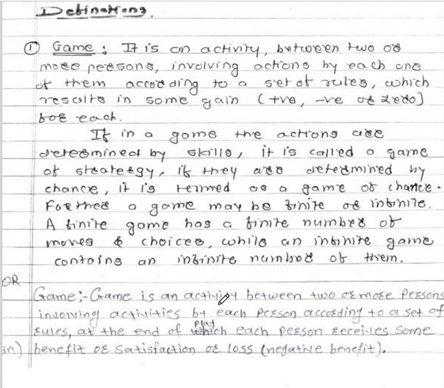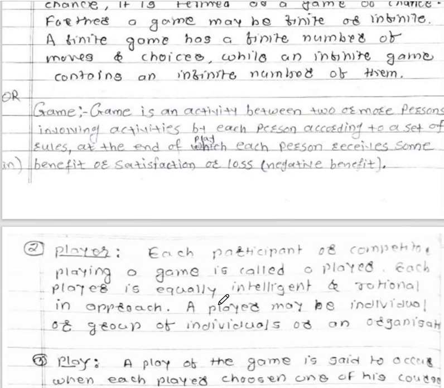In another way, a game can be defined like this: it is an activity between two or more persons involving activities by each person according to a set of rules. At the end of the play, each person receives some benefit or satisfaction, or loss, a negative benefit. So this is another definition of a game.